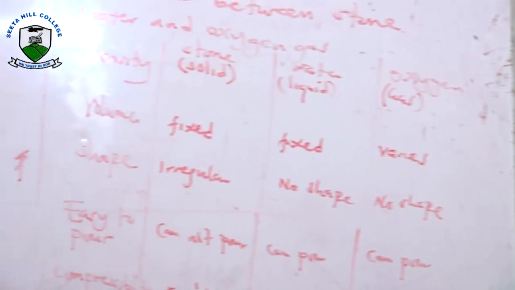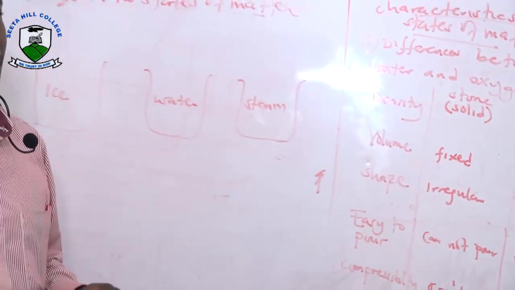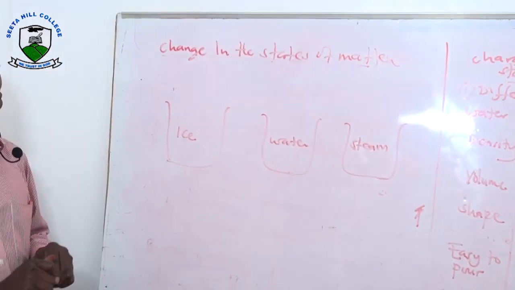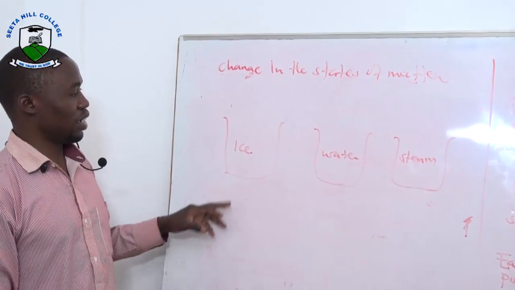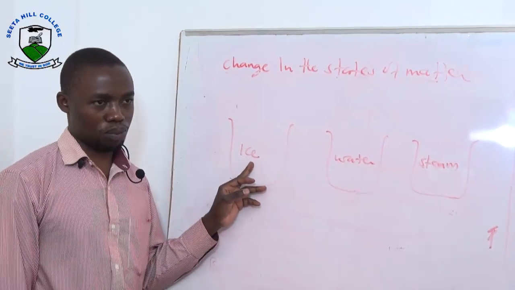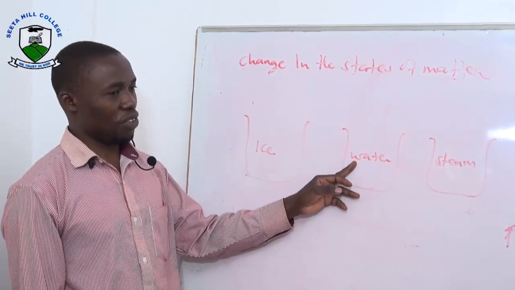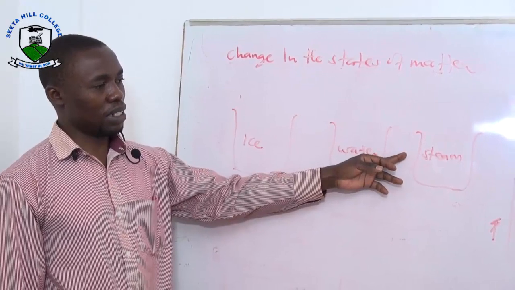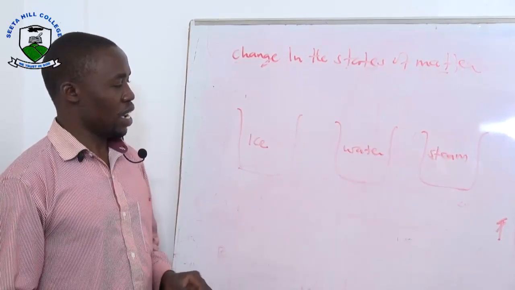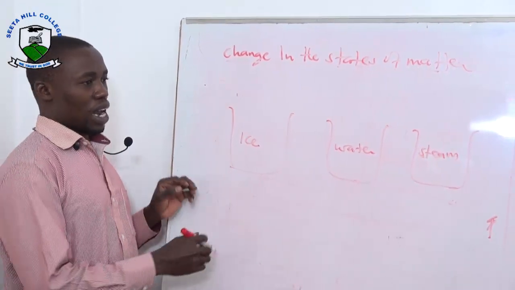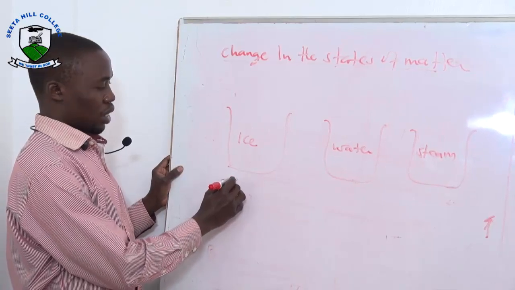Now that when ice is heated, the students have said that it would change from ice form to the water form or liquid form and finally steam. Is that correct? Now, ice is a solid.